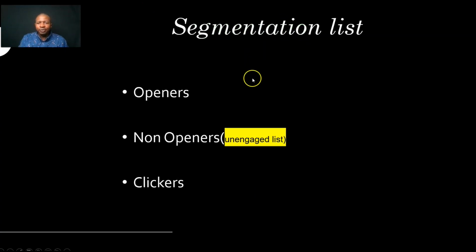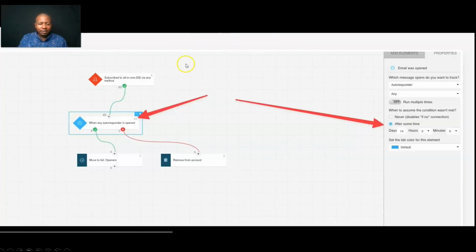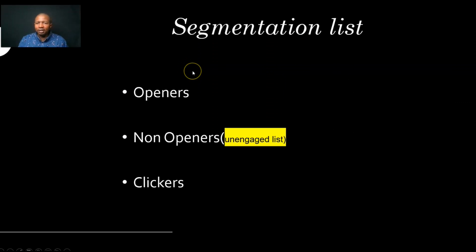Then, segmenting your list is very, very important. You need to create three types of lists: people who are opening your emails, and people who are not opening.